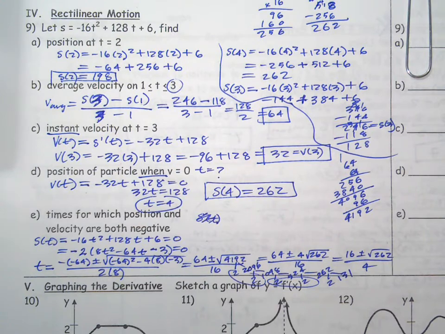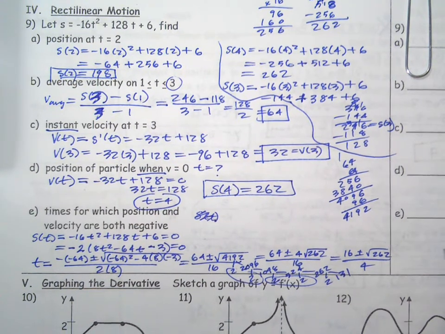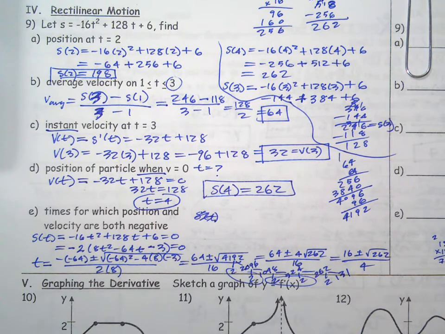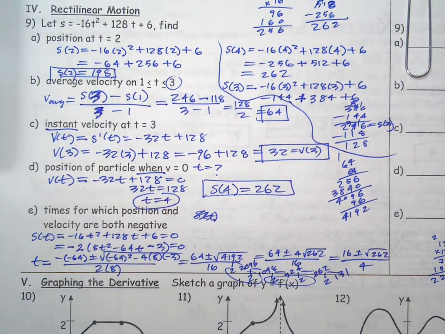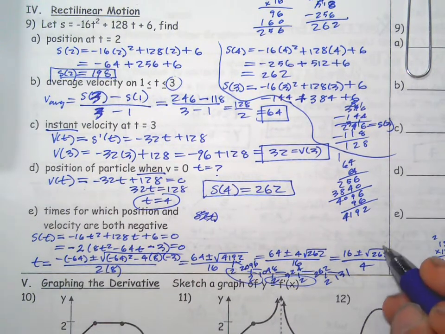Okay, 14 squared is 196. 15 squared is 225. 16 squared is 256. So this is a little more than 16.